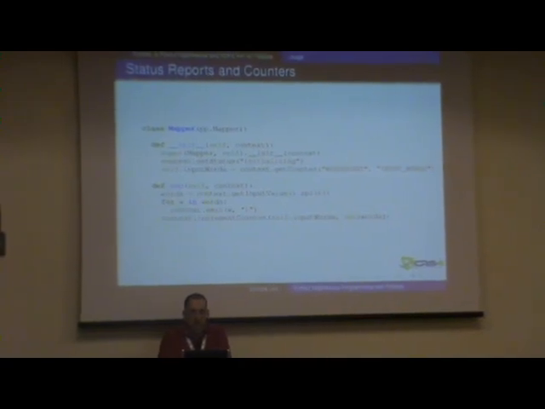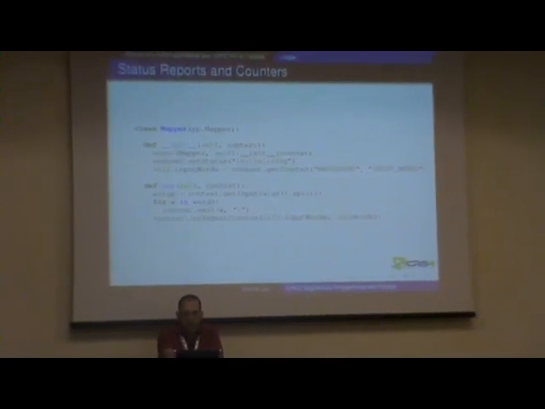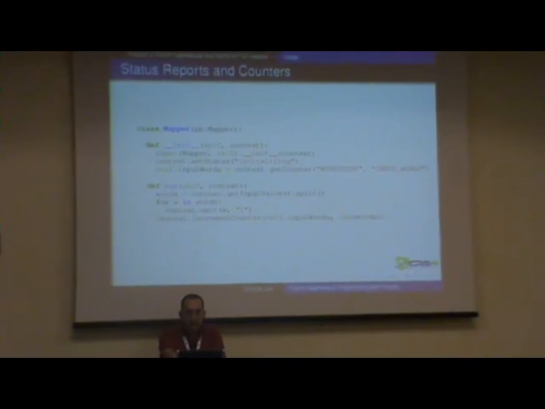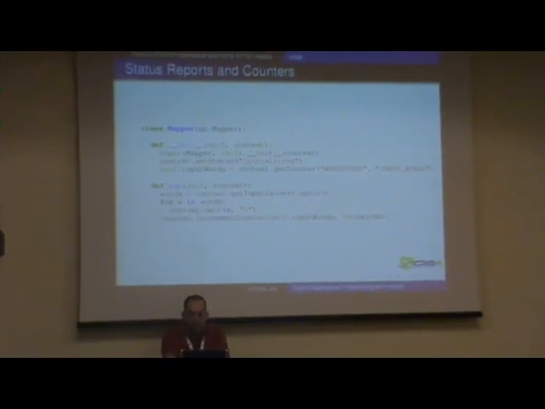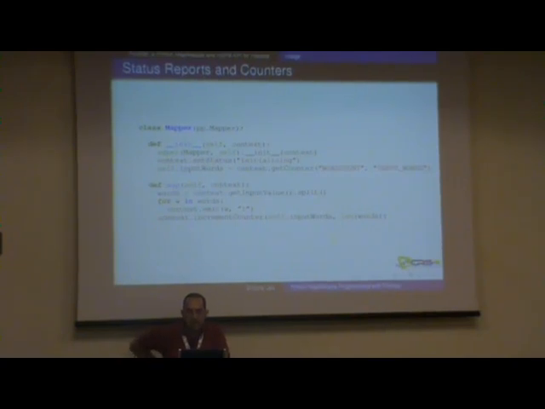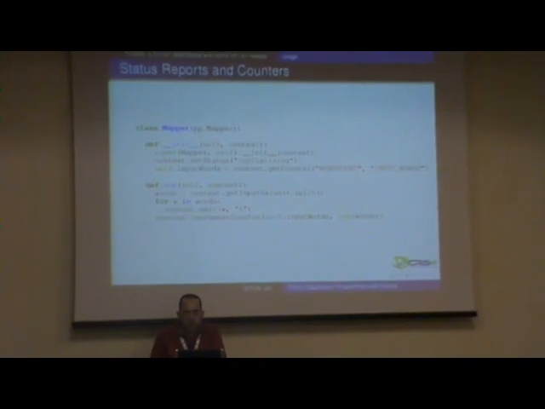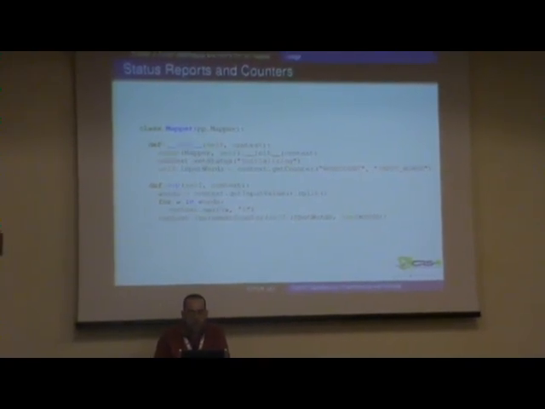In this case, I'm simply telling the framework when I'm initializing. And counters are some variables you define that keep track of anything that's relevant for your specific application. In this case, I'm counting the number of input words I've seen while the processing continued.